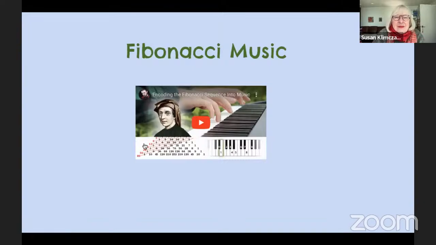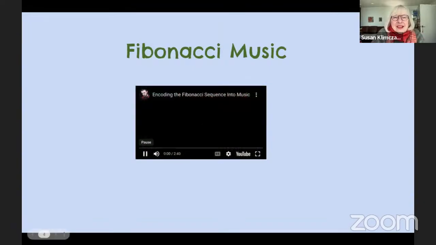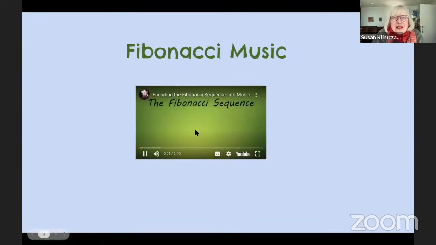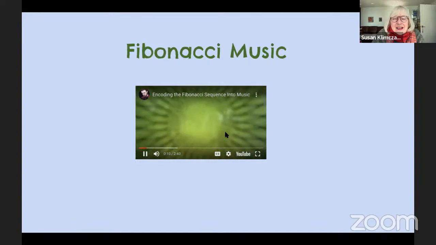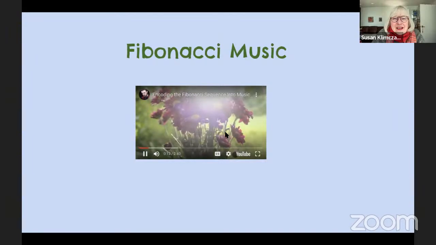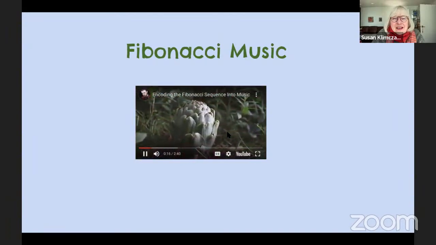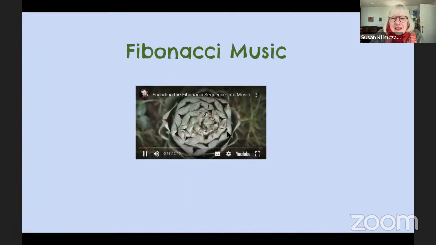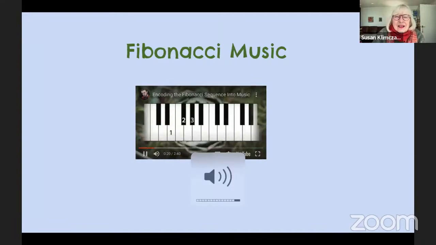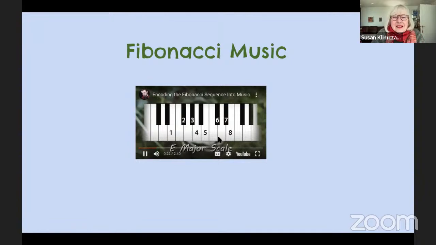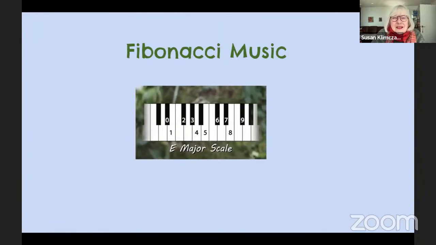I'm going to play this in the background for Walter because it's The Fibonacci sequence music. is a series of numbers where each number is the sum of the previous two numbers. The numbers in the sequence have extraordinary mathematical properties and can be found in patterns all throughout nature. So I decided to see what they would sound like as music. To create the melody, I assigned the numbers 1 through 8 to the E major scale on the keyboard and added 0 and 9 on each side with the natural extension of the scale.